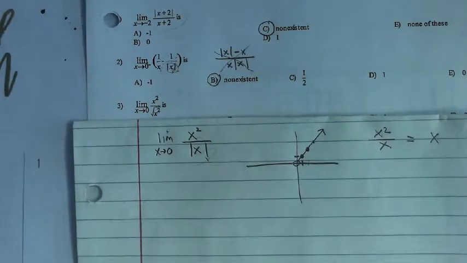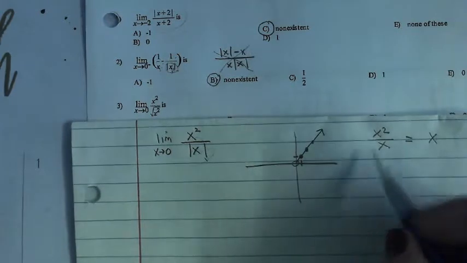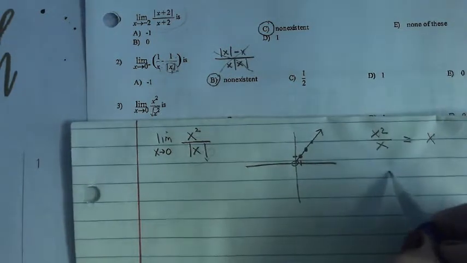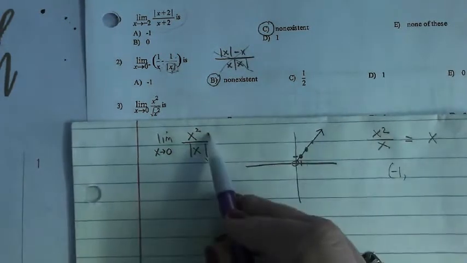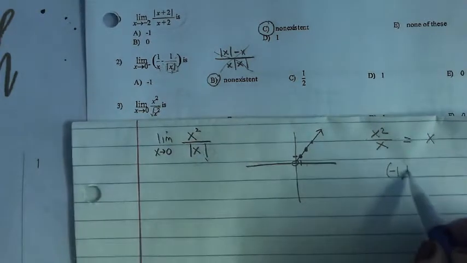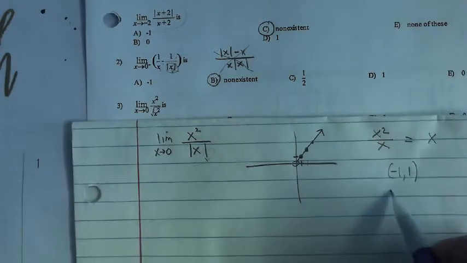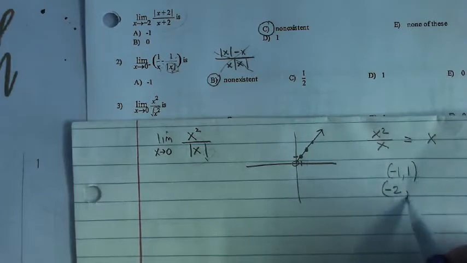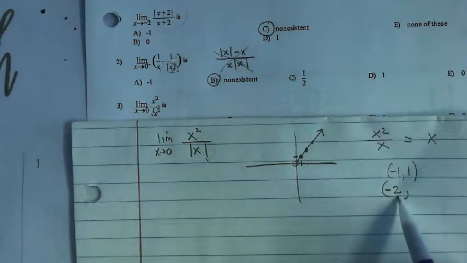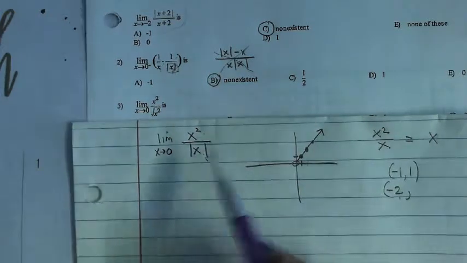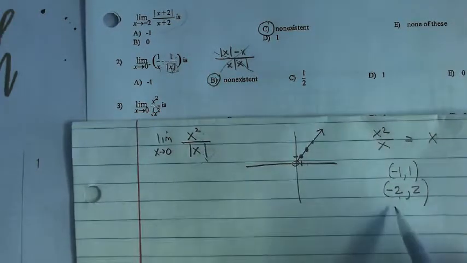And then we want to explore what happens on the left side of things. So what happens if I plug in -1? I get 1 over 1, which is 1. What happens if I plug in -2? I get 4 over 2, which is 2.